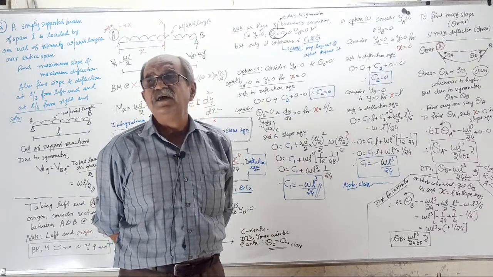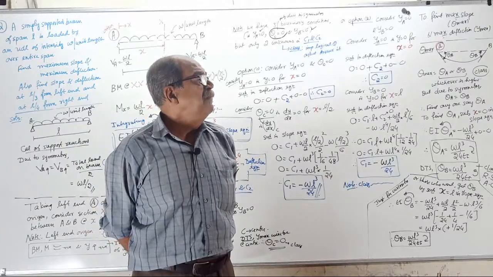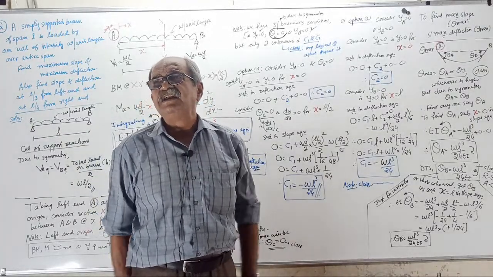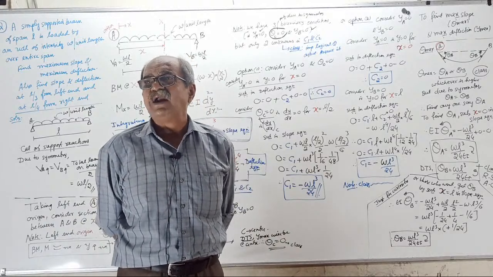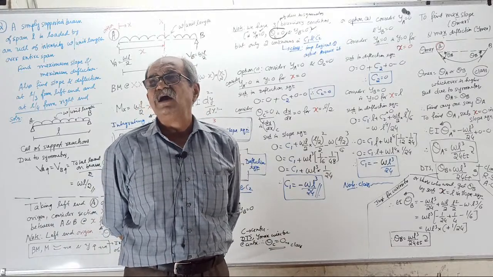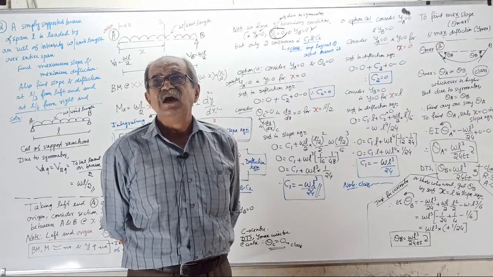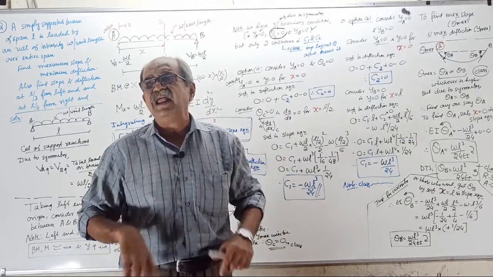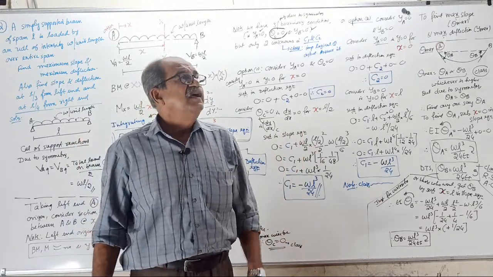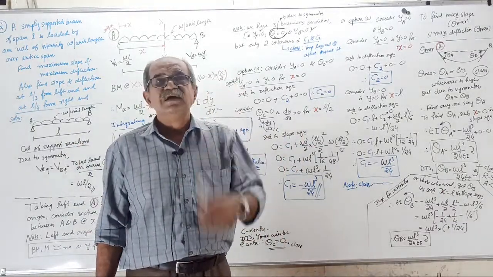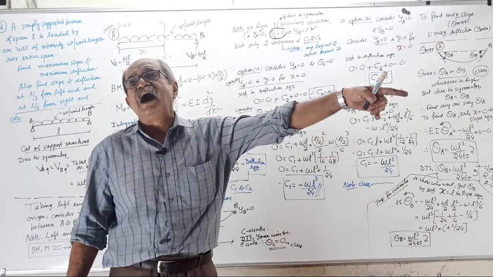Not here, in analysis. If the number of unknowns is equal to the conditions, determinate. If the number of equations is short, it is called indeterminate. If correctly equal, determinate. If excess is there, the structure is unstable.